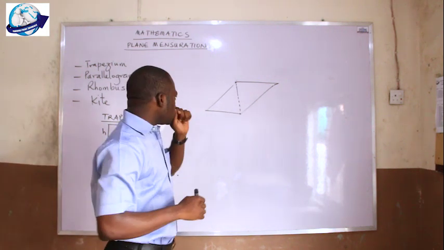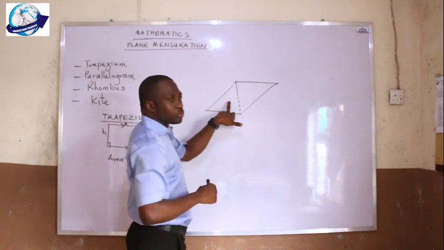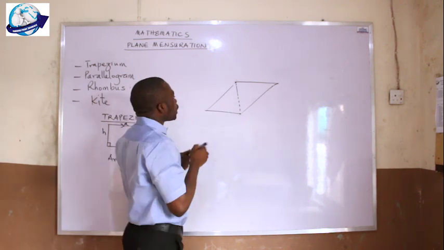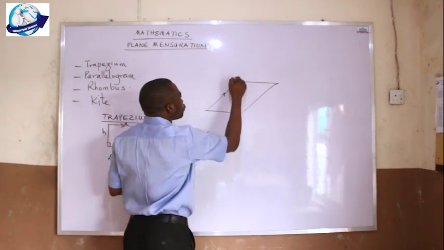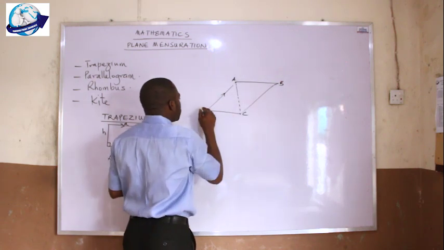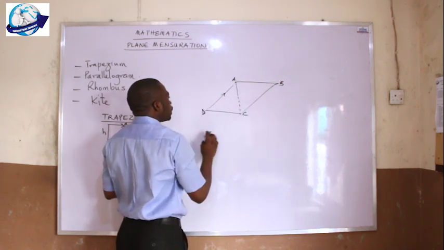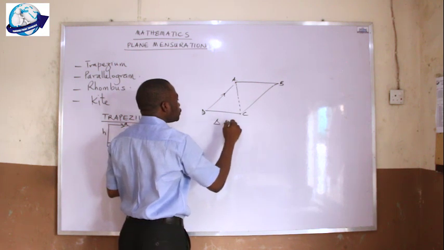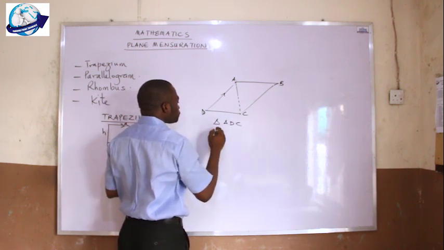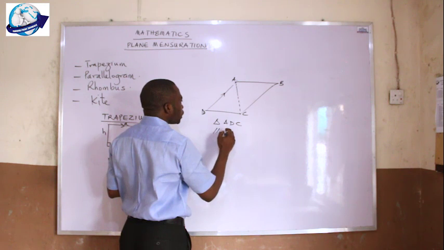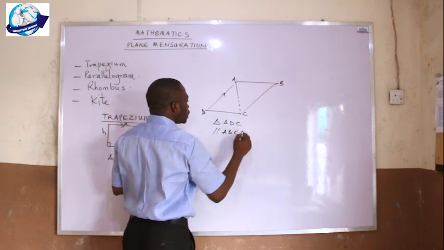Let me put parallelogram A, B, C, D. So we have triangle ADC and parallelogram ABCD. There's something about this.